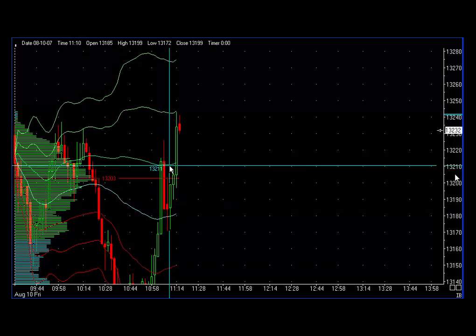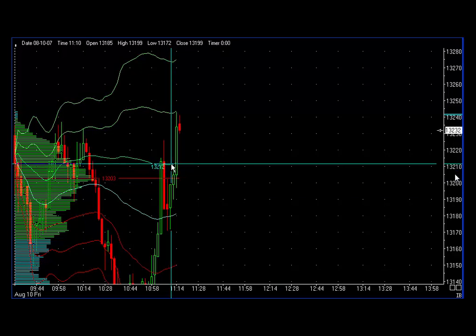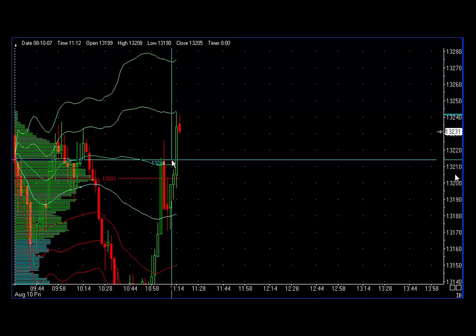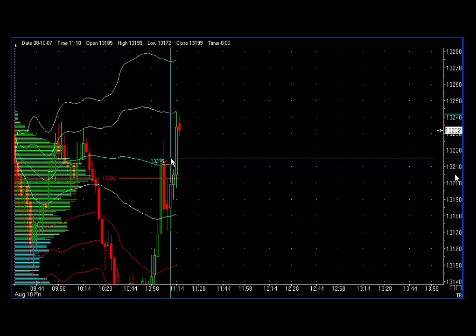If the price moves up to the first standard deviation in this zone, then take the breakout and hope for the best. When the breakout occurs and the market moves up, put your stop immediately at break even and see what happens.